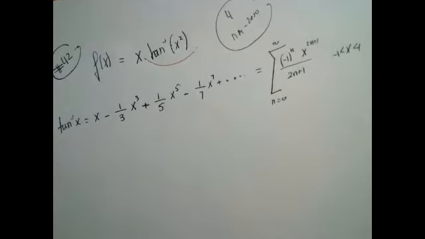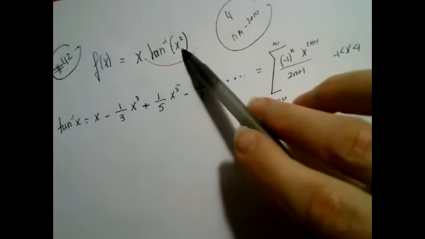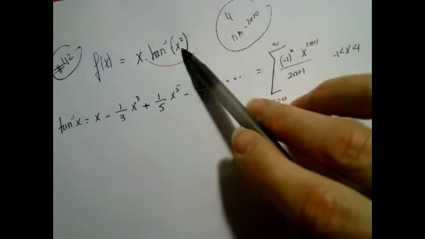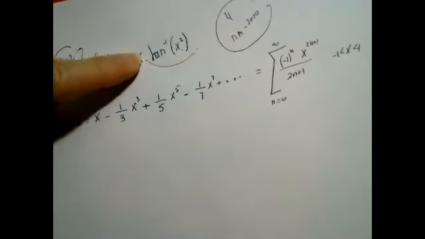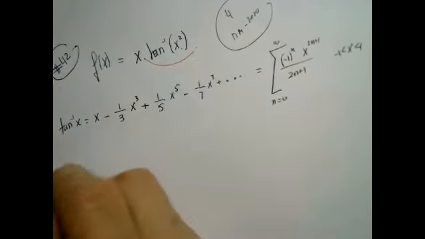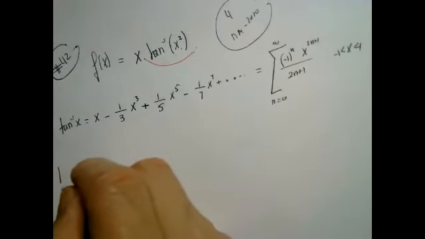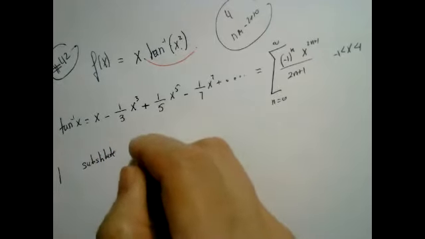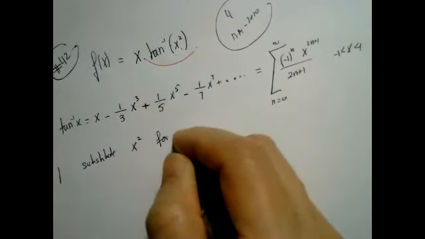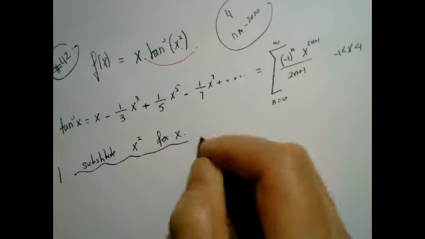Okay. Now, what I want is the tangent inverse of x squared, multiplied by x. Tangent inverse of x squared is easy. I'm doing it step by step. We're going to substitute x squared for x.